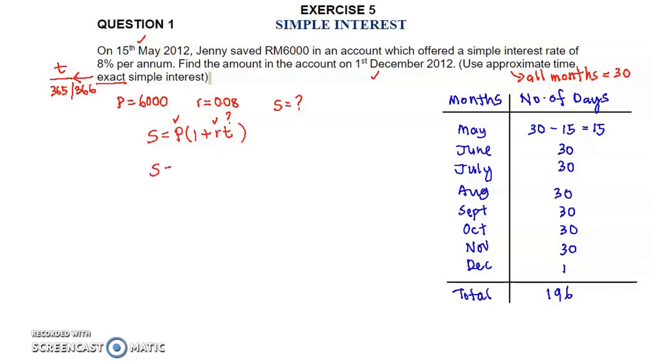So S equal to P, 6,000, multiply by 1 plus R, 0.08, times T. T equal to the number of days 196 divided by, since it is exact time, 365 or 366. So 2012 is a leap year, so we divide it by 366.